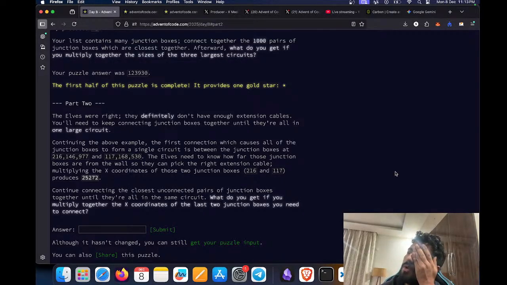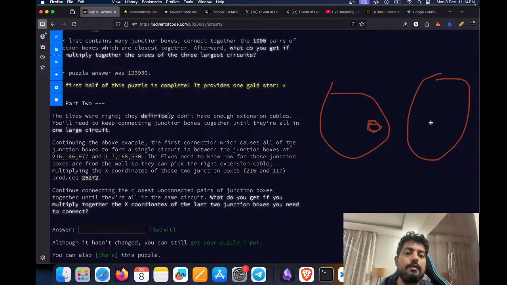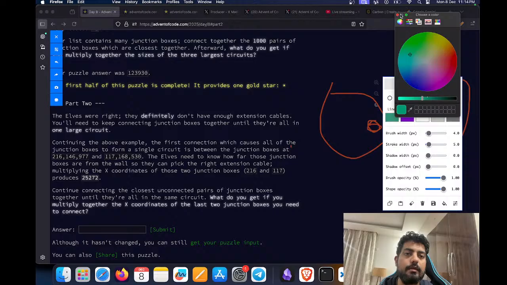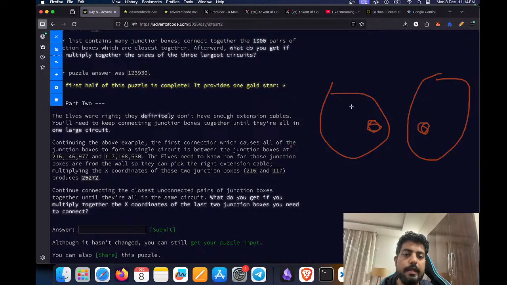So now we have all these circuits that are there. Let's say that in the end we have these two sets with us, and obviously there is one set here and the other set here. The parent of these sets can obviously be different. The parent of these sets are here, and we are connecting these two sets actually.